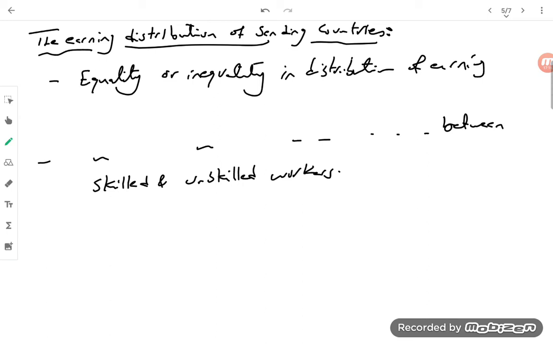The more equal the distribution, the more people would like to be directed to this area, whether it is their home country or another country.